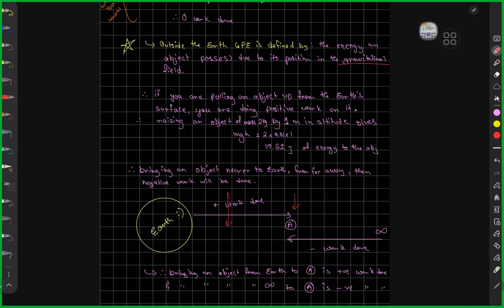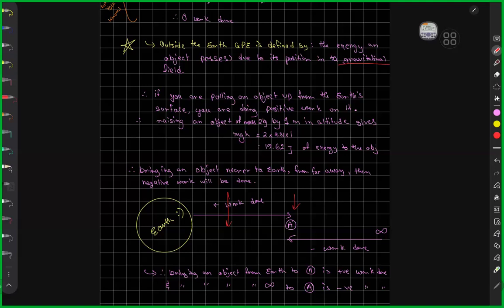Gravitational potential energy is not force. It is the energy that an object possesses due to its position in any gravitational field. And we will look into the maths of it and the proper definition of it as well.